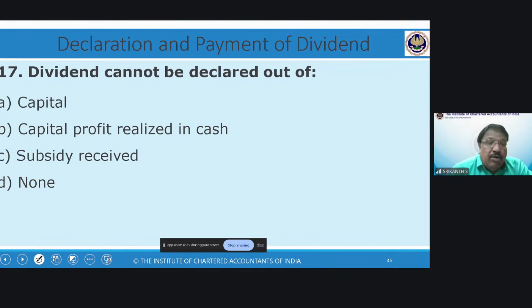Dividend cannot be declared out of capital. Capital profit realized in cash, subsidy receipt. Capital profit realized in cash, you can declare dividend. Okay. Capital, thou shalt not declare dividend out of capital. I already told you that. Very important rule. Which is why discount is also prohibited, because that amounts to upfront dividend out of capital.